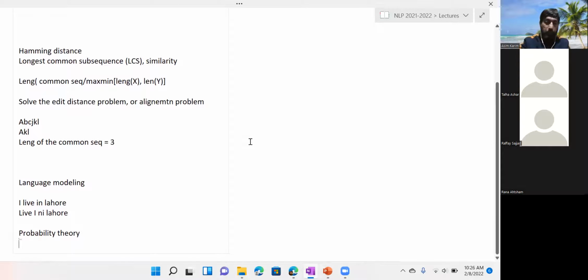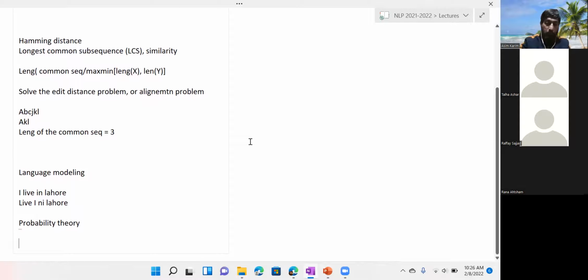So in general, what do we want? We want to find the probability of a sequence of words. So W1, W2, W3, and W4, let's say a sequence of 4 words. So we want to find this probability. And if I find this probability for the first sentence, and if I find this probability for the second sequence of words, the probability for the second sequence will be much smaller.